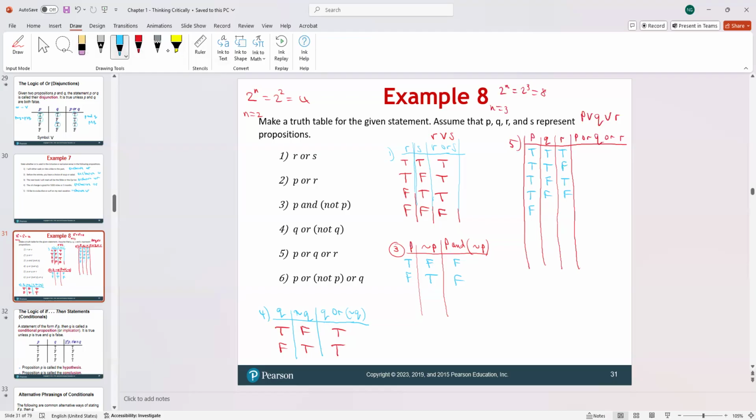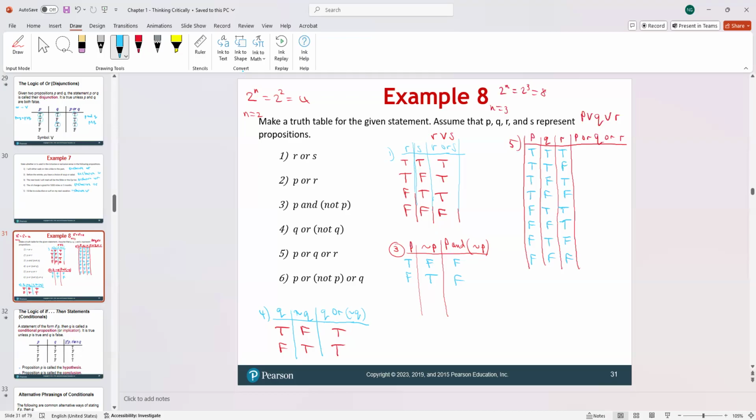Or the first one is false, the second one is false, but the last one is true. Or the first one is false, the second one is true, the last one is false. Or all three are false. With practice, you will remember it, and we know there are in this table 8 truth values.